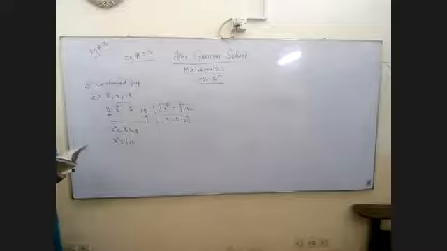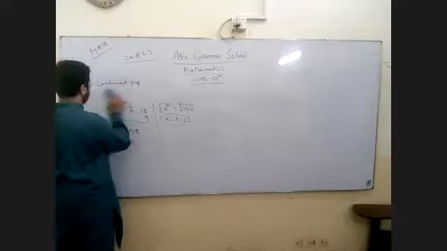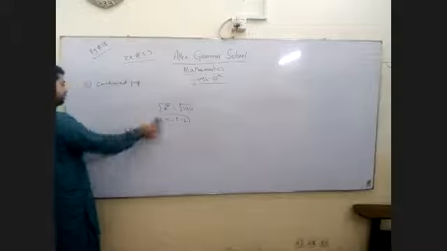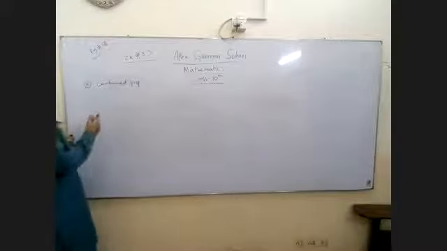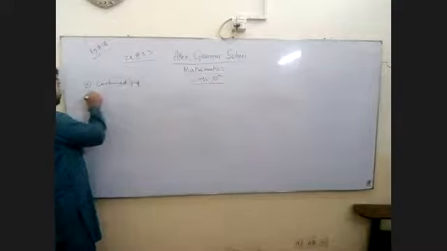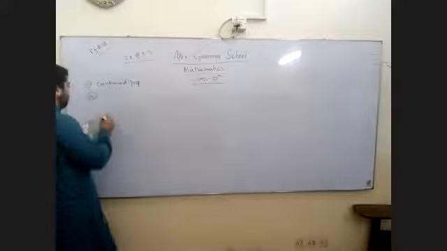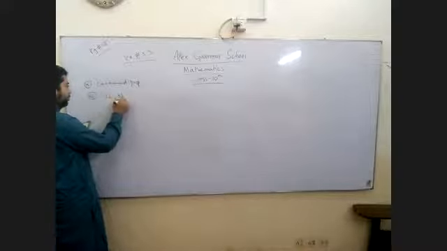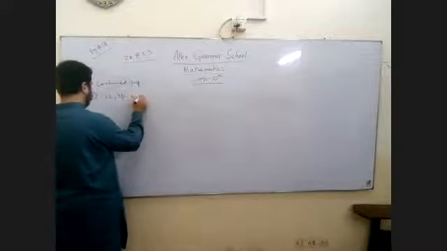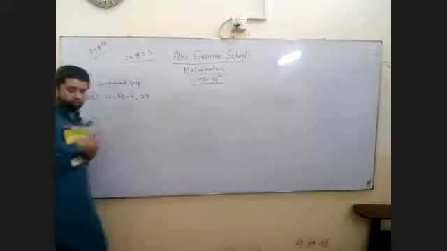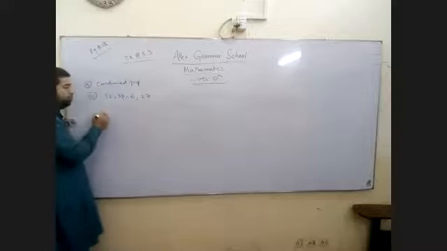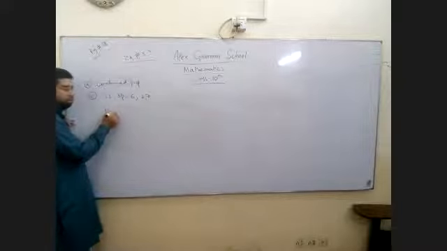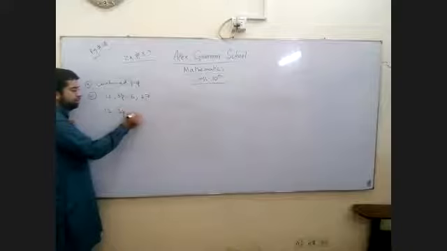The part 3 and part 4 are same. Okay. We will solve part 3. Now, for continued proportions, you need to write 12 ratio 3p minus 6.